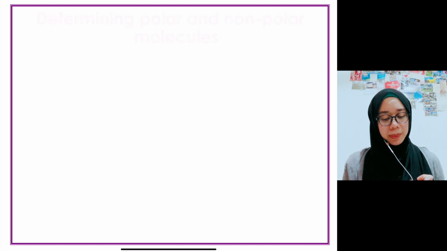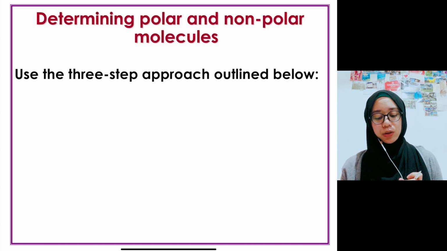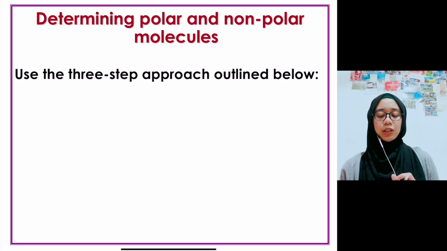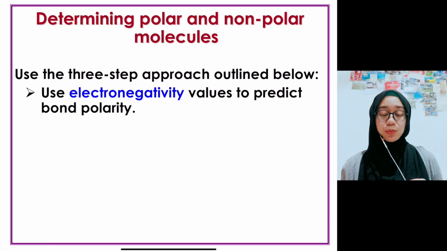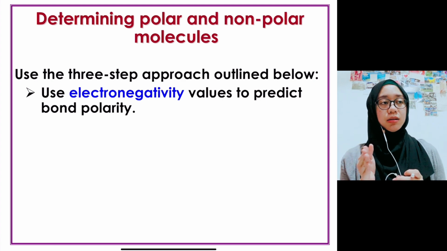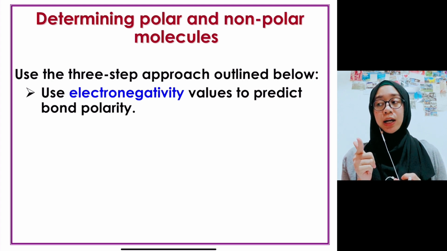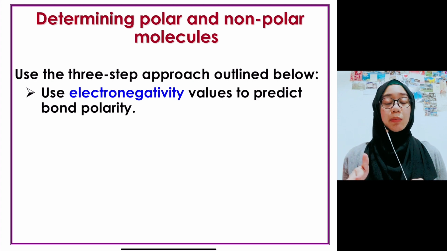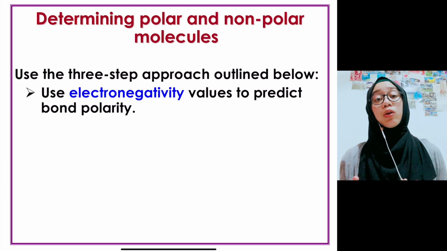Okay, so determining polar and non-polar molecules. So use 3 steps approach outlined below. So use electronegativity values to predict bond polarity. So identify dulu bond yang ada, non-polar kah, polar bond. Okay, sebab kalau semua bond yang ada adalah non-polar bond, automatically the whole molecule adalah non-polar molecule.